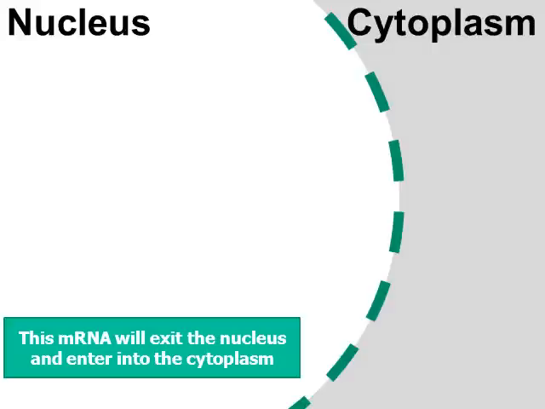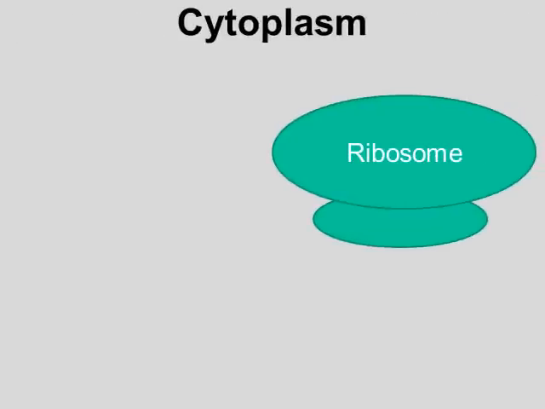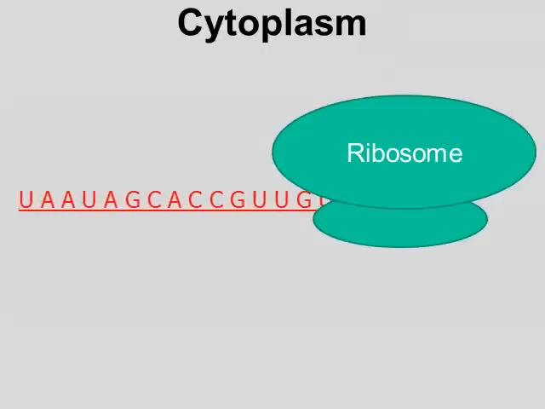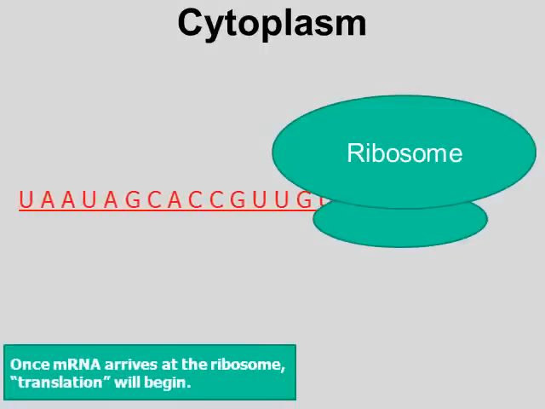Let's go look. So here's a ribosome, and here comes that strip of red messenger RNA. Well, once messenger RNA arrives at the ribosome, our next process will begin. The next process is called translation, and that's kind of what the rest of this video is going to discuss. So let's move on with our topic of today.